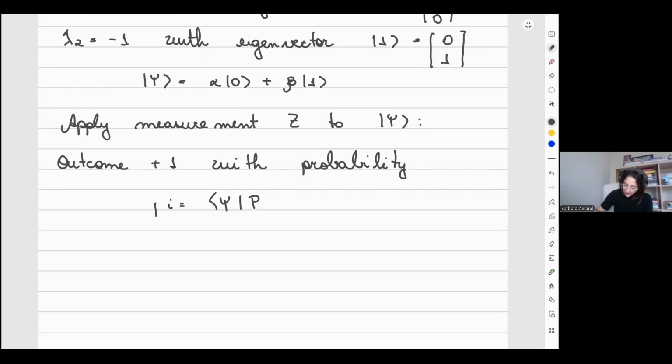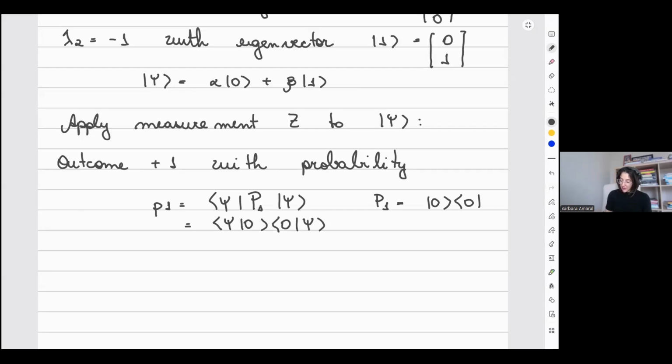This is a small p and this is a big P. P1, in which this P1 is the projector 0, 0. This is the same thing as psi 0, 0 psi.